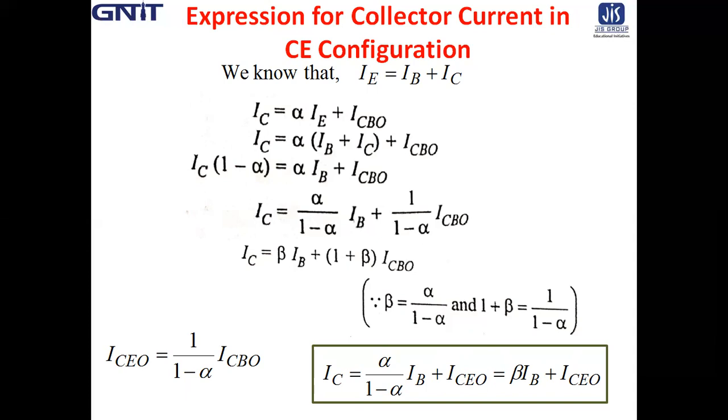That means ICEO is basically 1 by 1 minus alpha into ICBO. Expressing the earlier expression as a function of leakage current, it is alpha by 1 minus alpha into IB plus ICEO, that is basically beta IB plus ICEO.